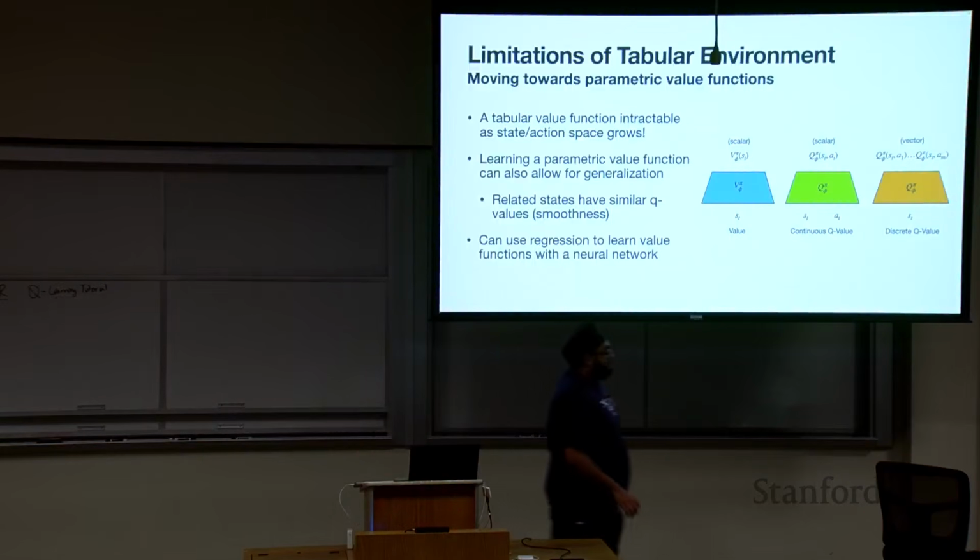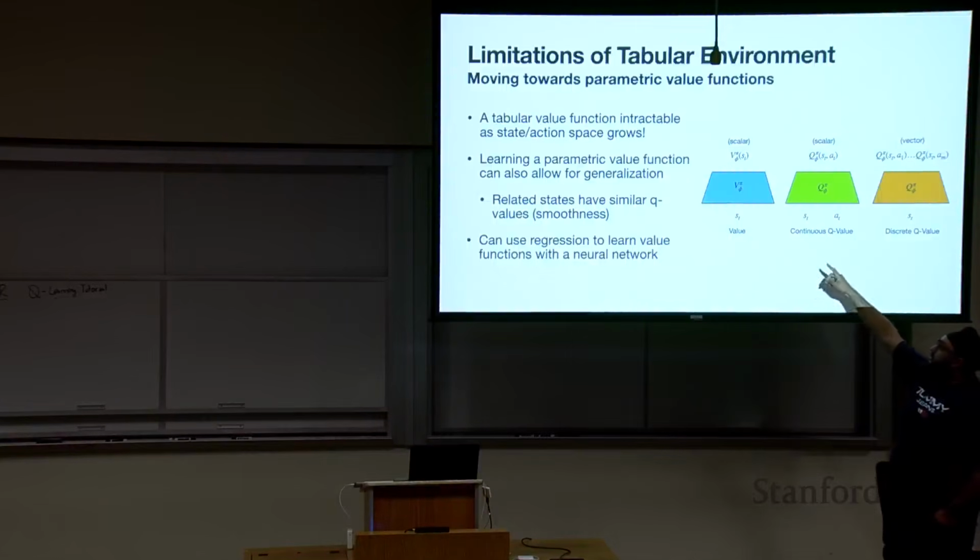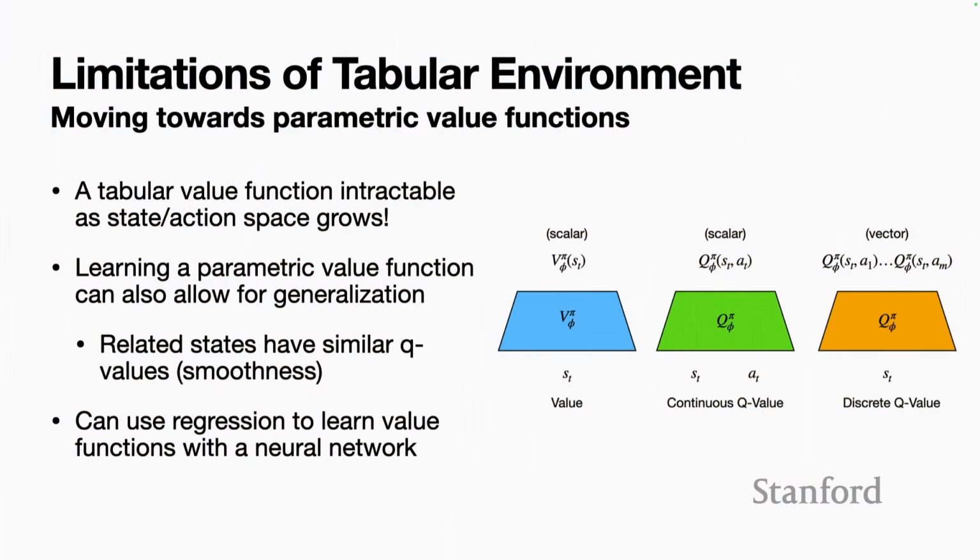So we'll go back to look at these figures on the right-hand side, where the first figure here is the value function that is not conditional on action. This takes in as input the state and outputs a scalar, which is V pi of s. Additionally, there are now two types of Q functions that you'll look at.